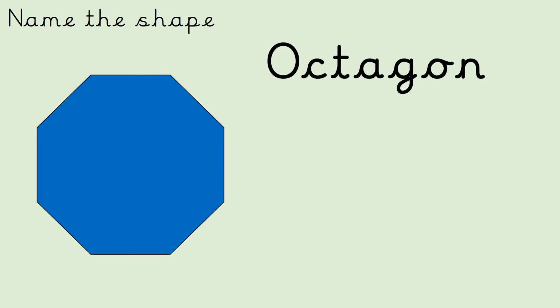What shape is this? It's getting tricky now. This is an octagon. Can you guess how many sides an octagon has? Let's count now. 1, 2, 3, 4, 5, 6, 7, 8. 8 sides.